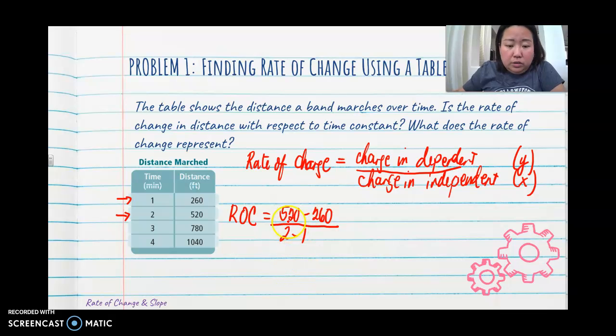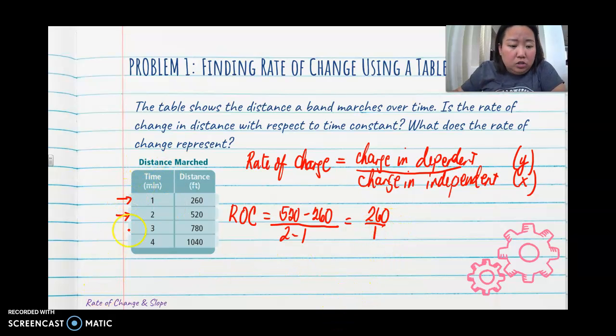If you take a look, 520 minus 260 is 260, over 1. Now when you select a second pair of points, for us to know if the rate of change is consistent, it has to be the same value. It has to come up as 260 over 1 every single time.